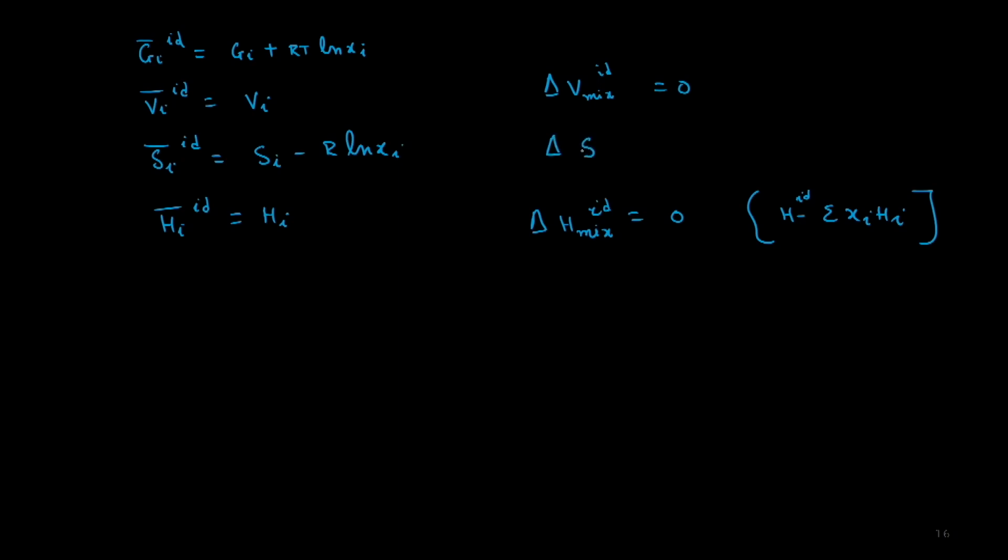Delta S mixing will be minus R sigma xi ln xi, and delta G mixing of an ideal solution will be equal to RT sigma xi ln xi.